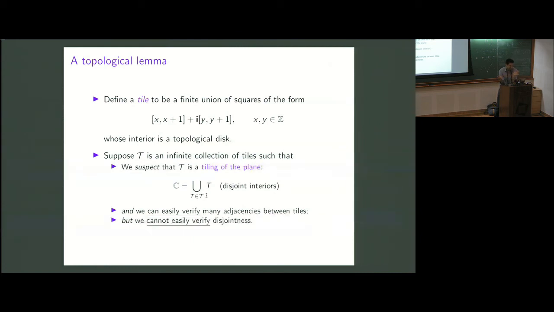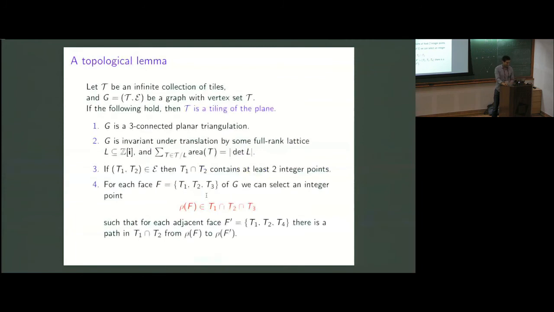So we wanted some recipe for how you can prove that a bunch of tiles actually are a tiling of the plane if you can easily verify adjacencies but not disjointness. And if you pile on enough conditions, then you can avoid ever having to check that anything's disjoint. I won't go through the conditions, but it's good to know that it can be done.